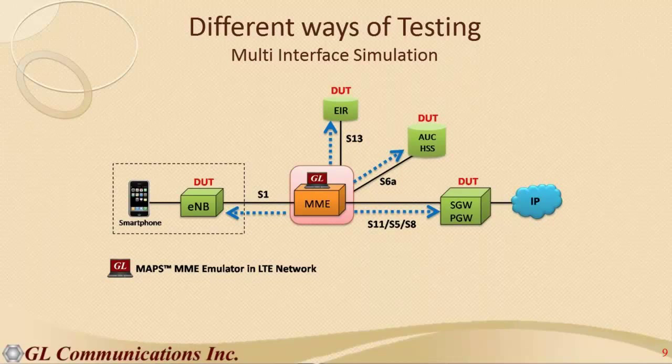So now GL MAPS can be used to simulate the S1AP interface, S6A, S13, S5, S8 and other entities also. So it is a multi-interface simulation where MAPS will be communicating with different nodes in the network, or with the DUTs. A single application will have multiple protocols here: LTE S1 and EGTP with Diameter. So it will be capable of handling the complete call whenever he is testing his DUTs.